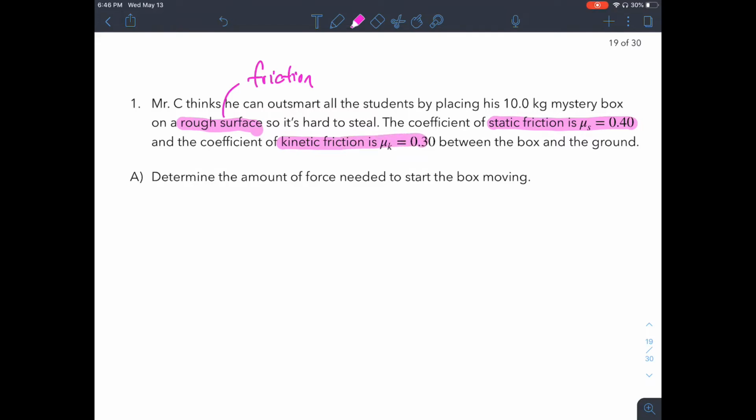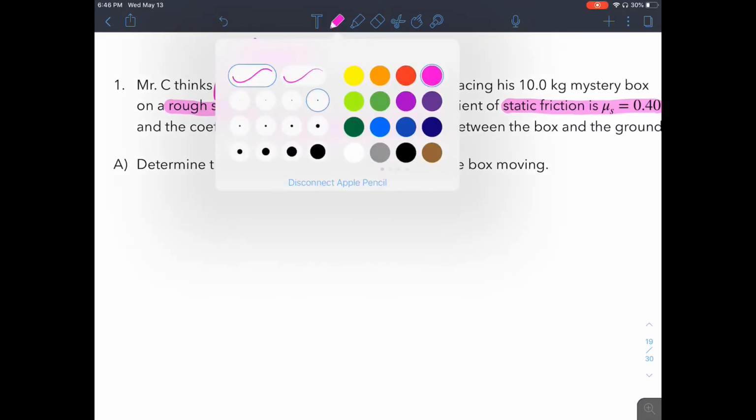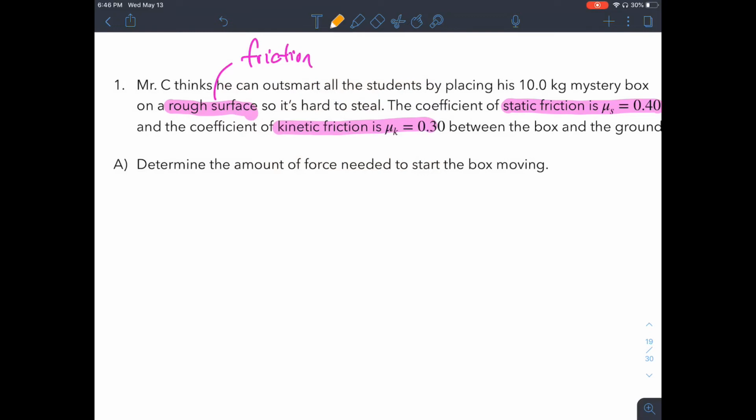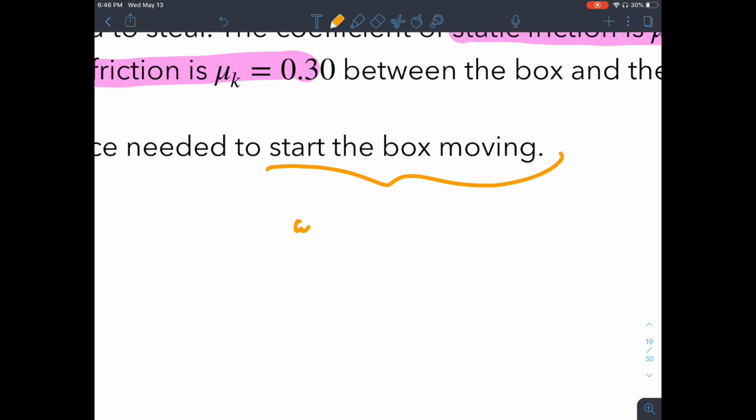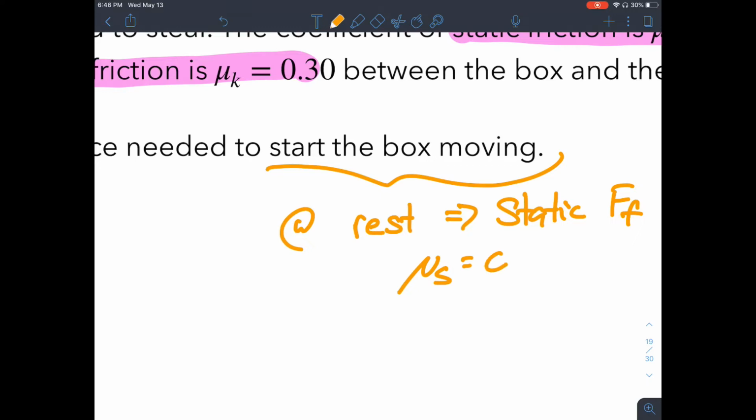So we want to figure out the amount of force needed to start the box moving. Now, a very important thing about these types of questions is if you are starting the box moving, that means it's initially at rest. And if it's at rest, you are using static friction, which means your coefficient of static friction in this case is 0.4.